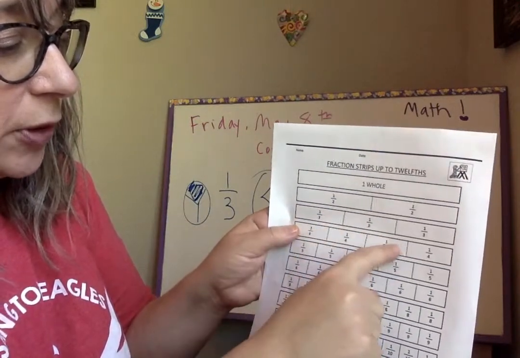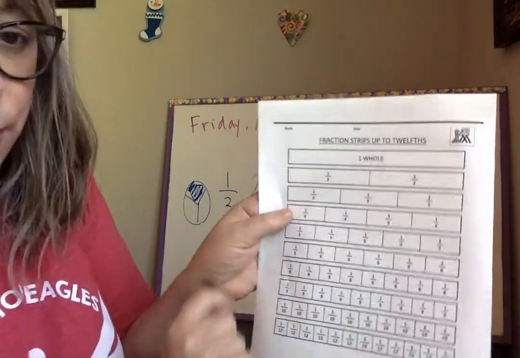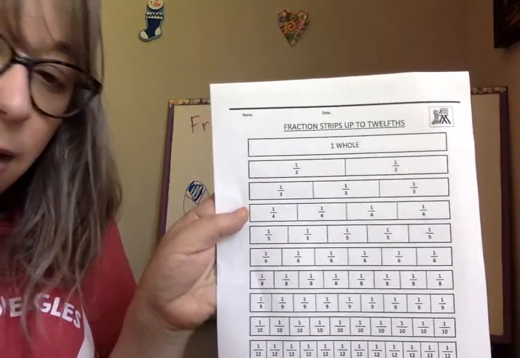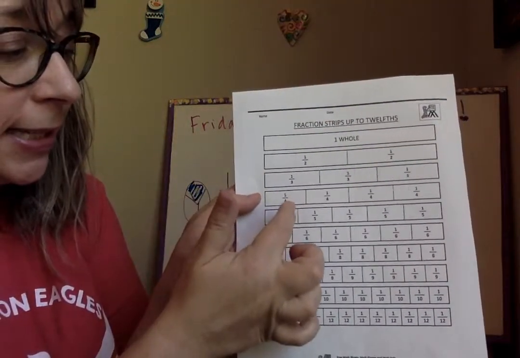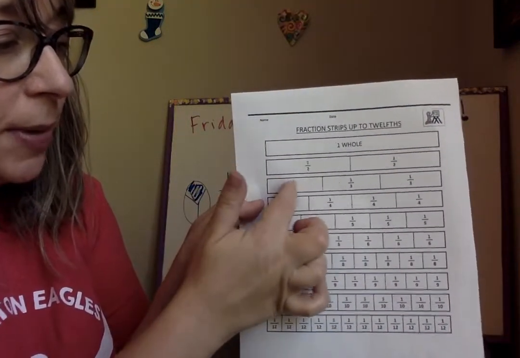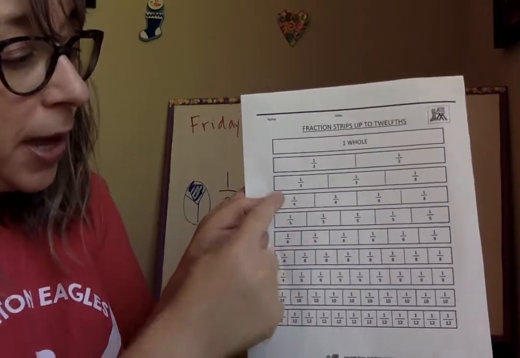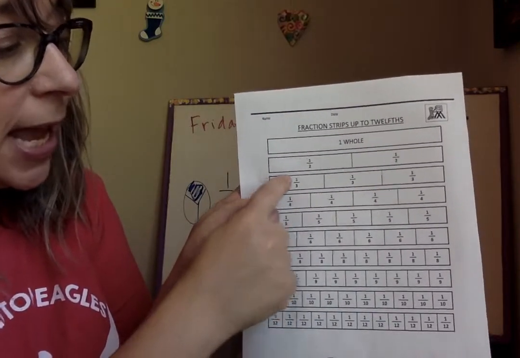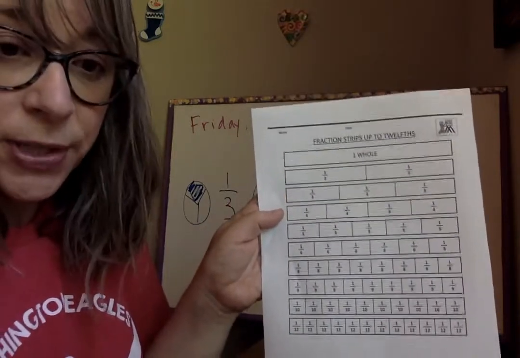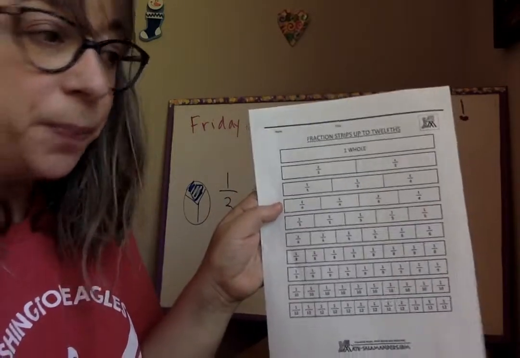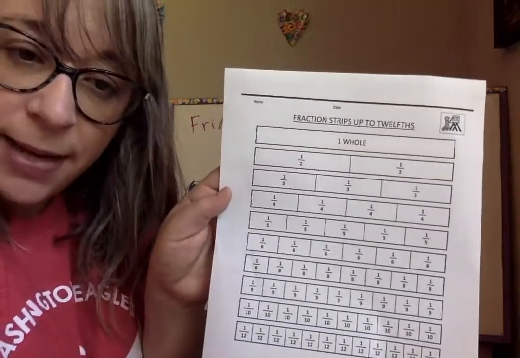Using this fraction strip, we could see easily that 3/4 is going to be bigger than 1/3. But 3/4 and 2/3 are very close together. But still, 3/4 is bigger than 2/3. So we're going to be using this today.